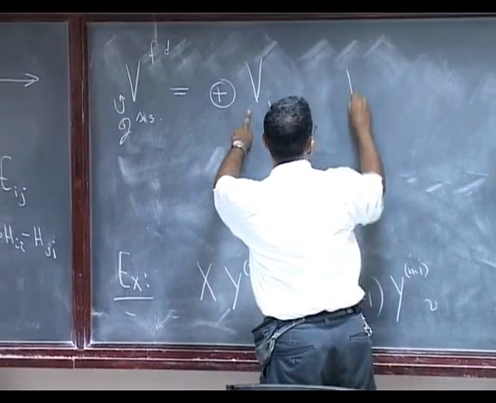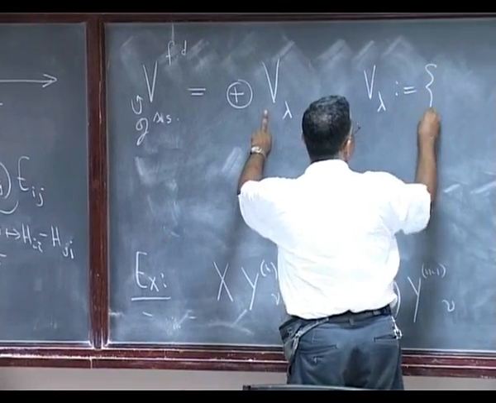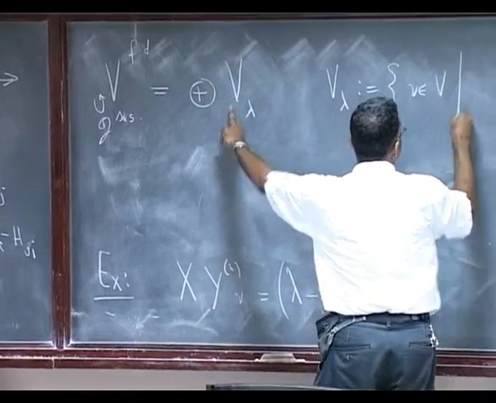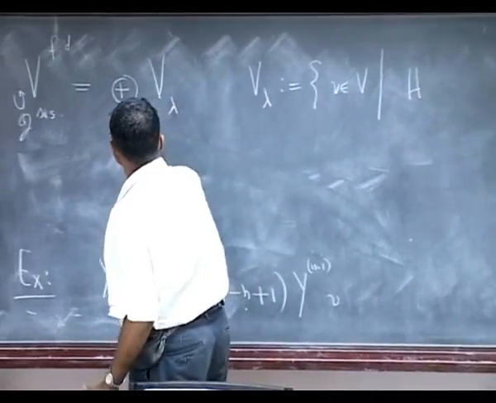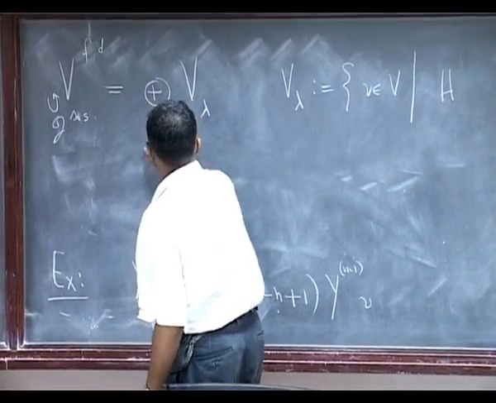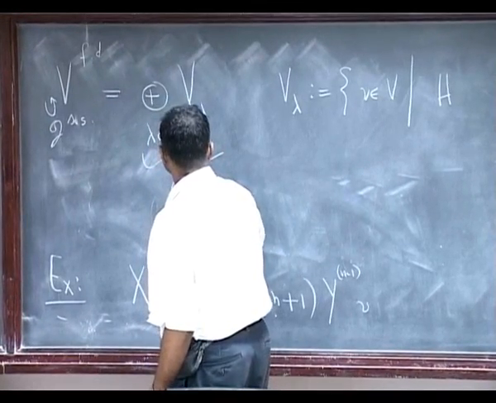So V lambda, where lambda is in H star, is defined as the set of v in V such that H of v is equal to lambda(H) v, for all H in the Cartan subalgebra. Here only finitely many are non-zero.